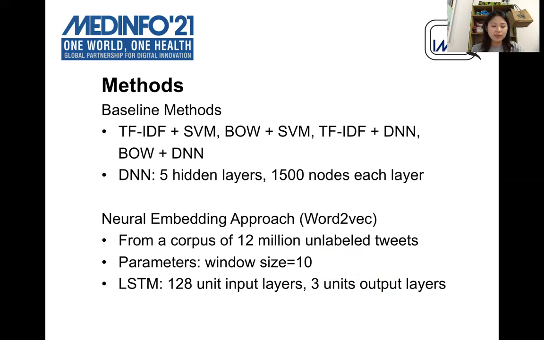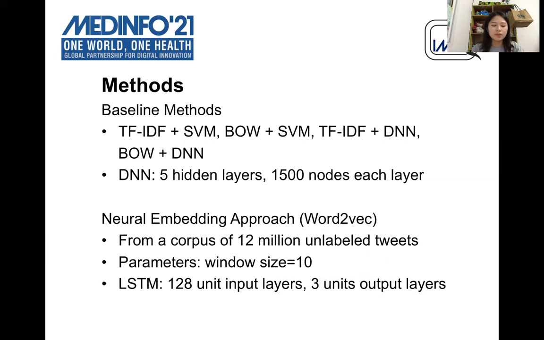For the baseline methods, we have four: TF-IDF plus SVM, bag of words plus SVM, TF-IDF plus DNN, and bag of words plus DNN. The structure of the DNN contains 5 hidden layers with 1,500 nodes in each layer.